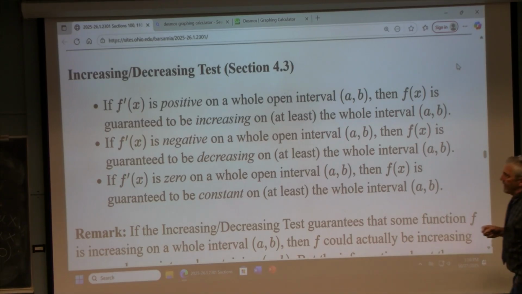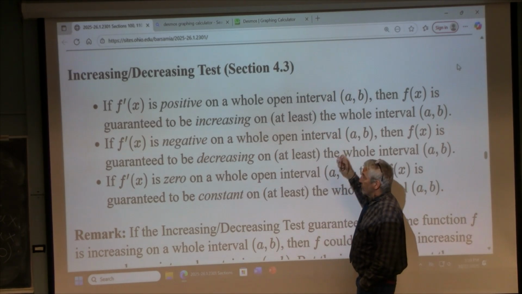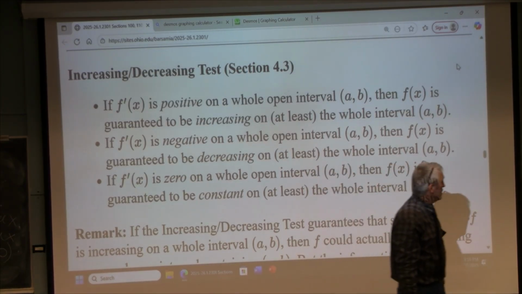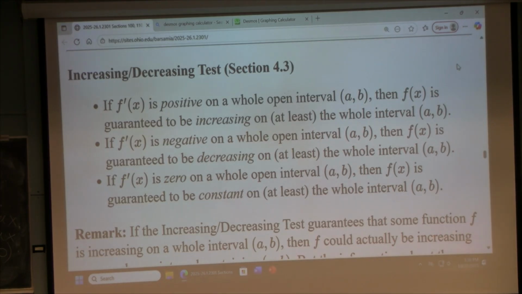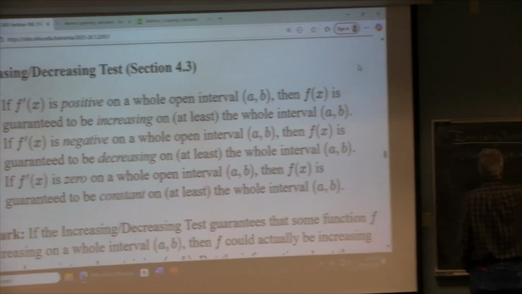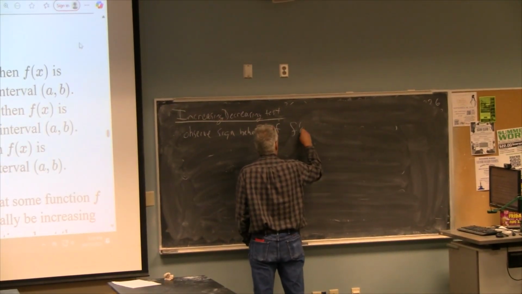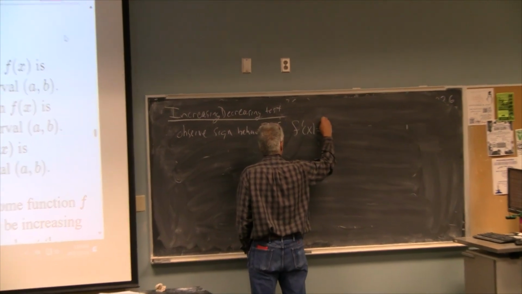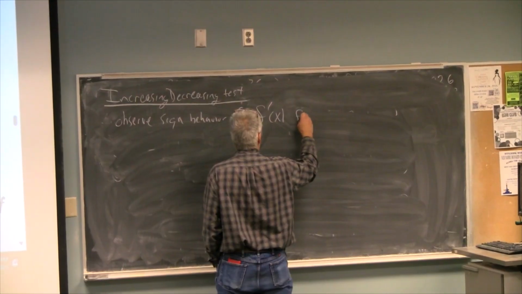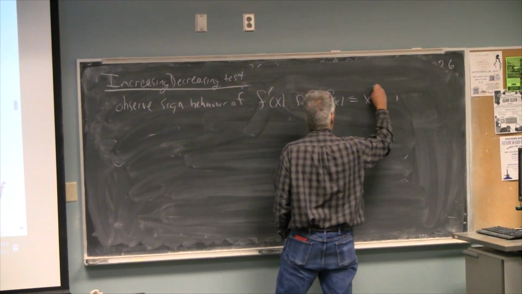And similarly, if f prime is known to be negative on a whole interval, then this test guarantees that f is going to be decreasing on that whole interval. So observe the sign behavior of f prime of x for f of x equals x cubed.